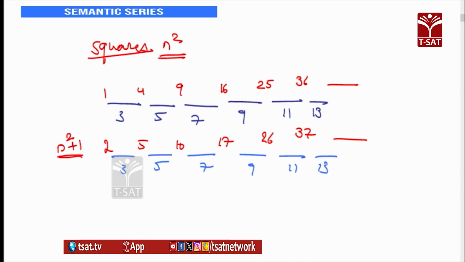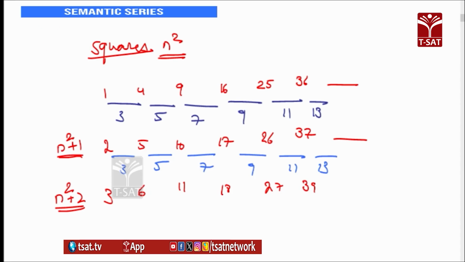So the format doesn't matter if you take the difference when the patterns are in the squares. For example, the next one is like n square plus 2. In this case also, the moment you see the question, if you are able to recognize it is in the format of n square plus 2, then it's no problem. In the format of n square plus 2, the question will be given like 3, 6, 11, 18, 27 and 39.